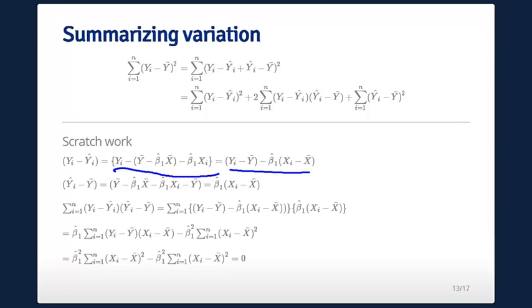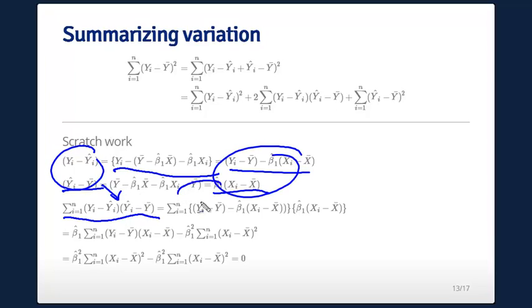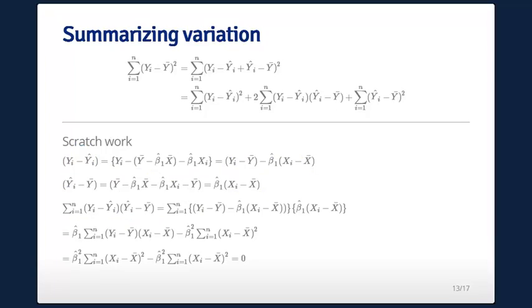So that's a nifty little simplification. Then doing the same sort of thing for yi minus y bar, you wind up with that. That works out to be beta 1 hat times xi minus x bar. So take this and plug these two things in with our simplifications, and you wind up with this expression right here, which you can then distribute the sum across and get that term minus that term right there.